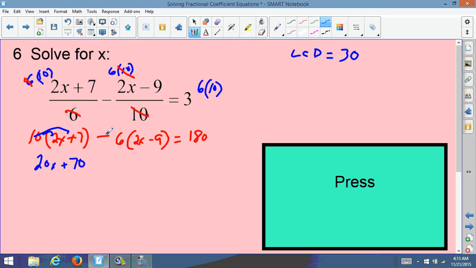And I'm going to attach this minus sign to the 6 so I can multiply minus 6 times 2x. That'll give me minus 12x. And now I'm going to multiply minus 6 times negative 9. That'll give me a positive 54.